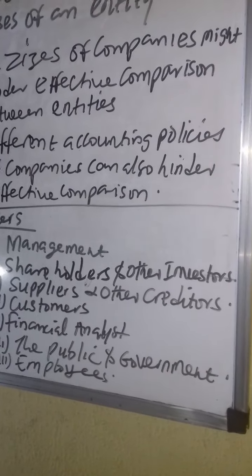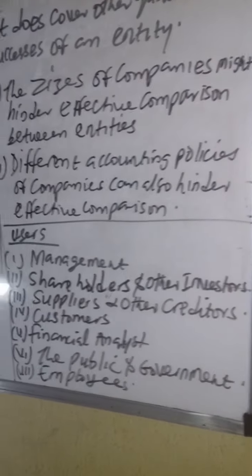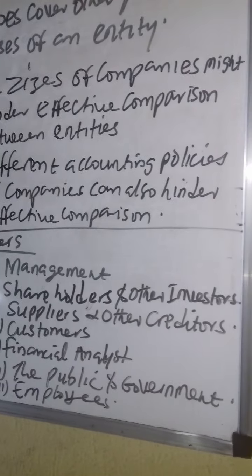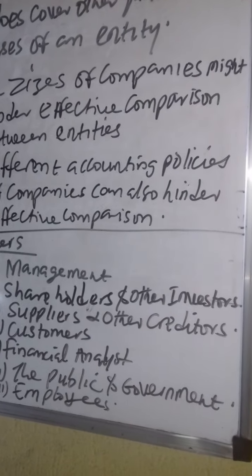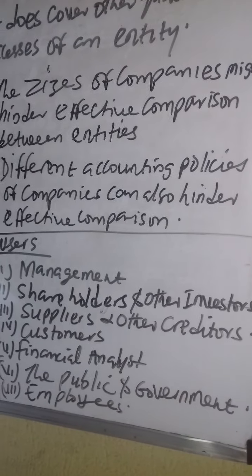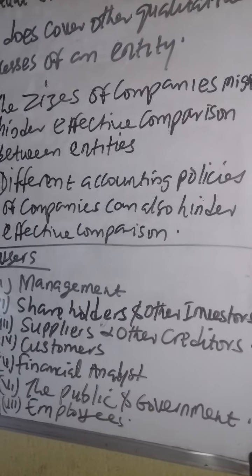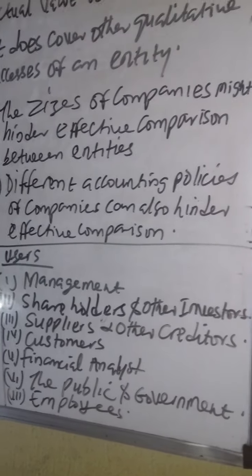Public and the government want to collect taxes from the companies, so they need to know how the company is performing, how much can they pay out of their profits. The public want to know the companies that are doing well, so as to relate with them. Employees want to know how much they have contributed.